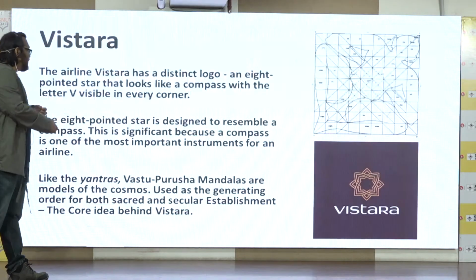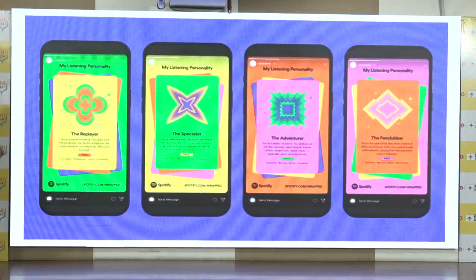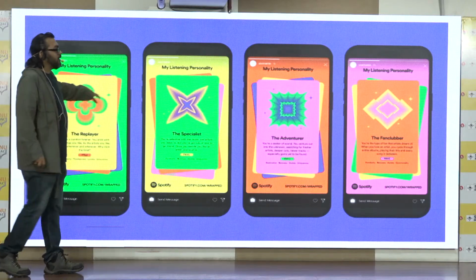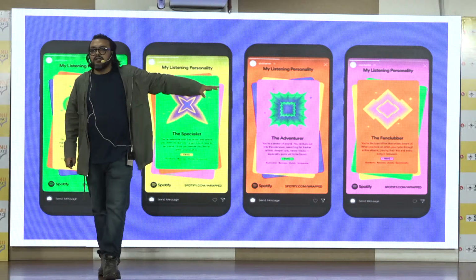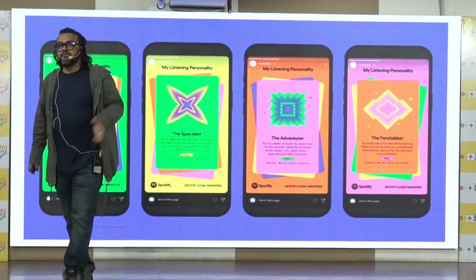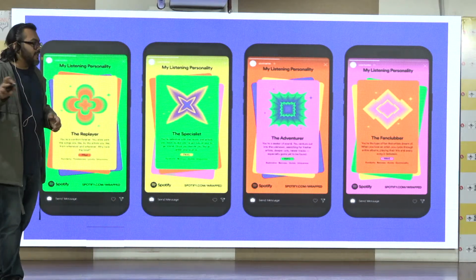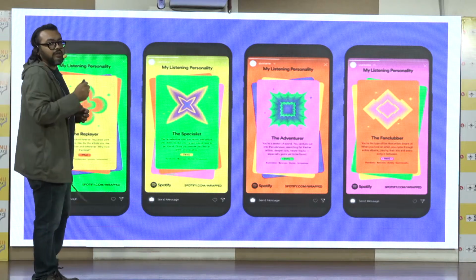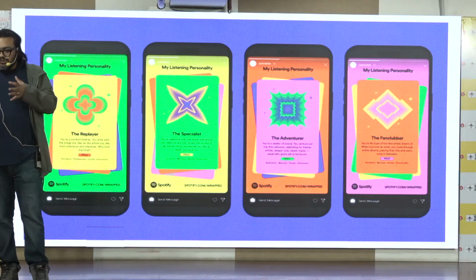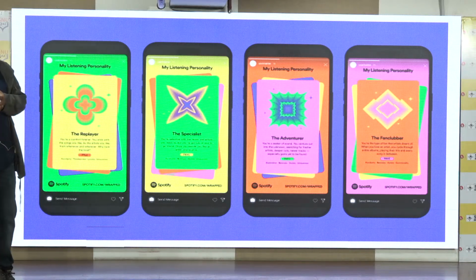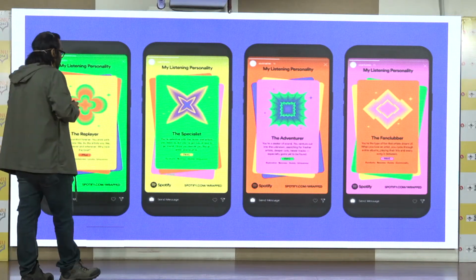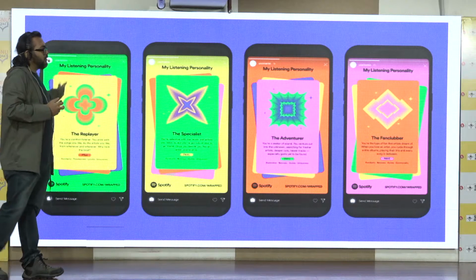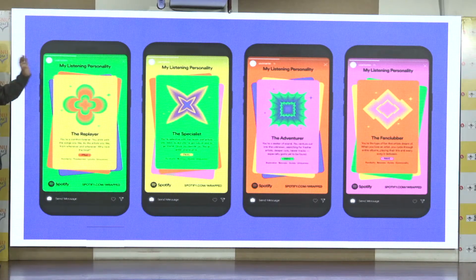If I can show you the designs, you can see all the visual elements are closer to the understanding of mandala. Nowadays we say this is very psychedelic without understanding what is actually psychedelic. The way the Tantra system was there, we have a direct visual connection which has been reused over and over again in apps like Spotify and so on.